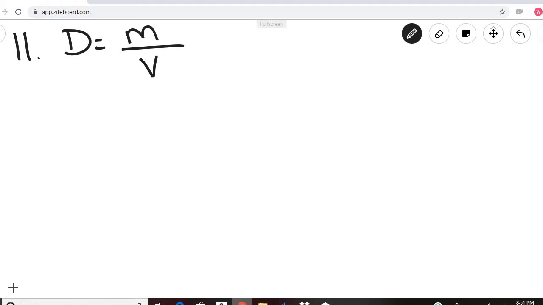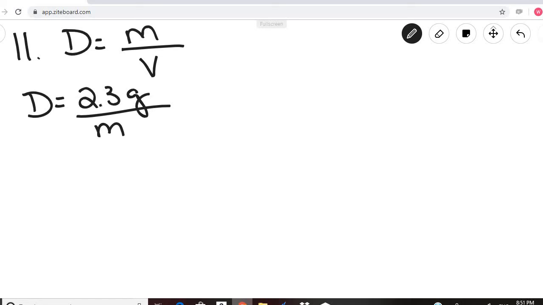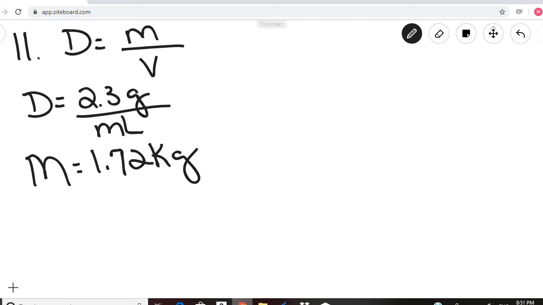So this says that silicon has a density of 2.3 grams per milliliter, and it has a mass of 1.72 kilograms. Okay, so the first thing you should realize is that we can't deal with grams and kilograms together, so we need to convert the kilograms to grams.